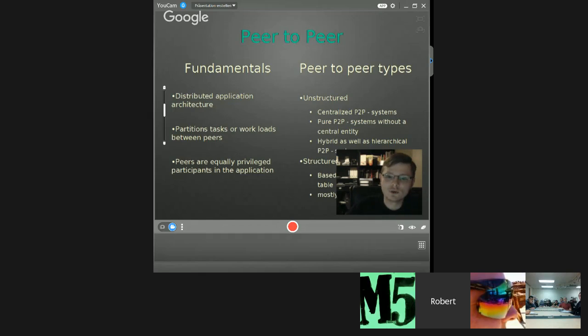That's obviously not an option for the internet, because if every connected peer could send a message which is received by every other connected peer, that would end in chaos. So that's just not possible. But you can implement a peer-to-peer network on the internet as well.